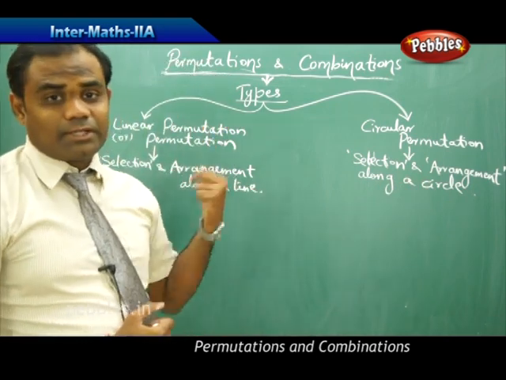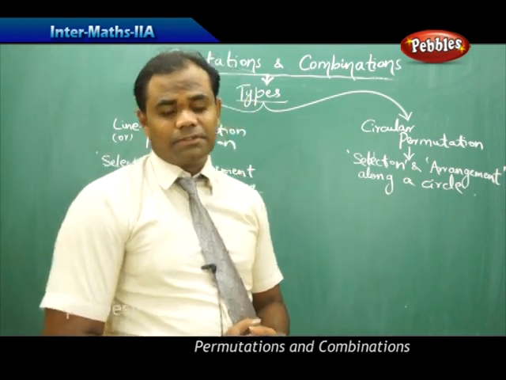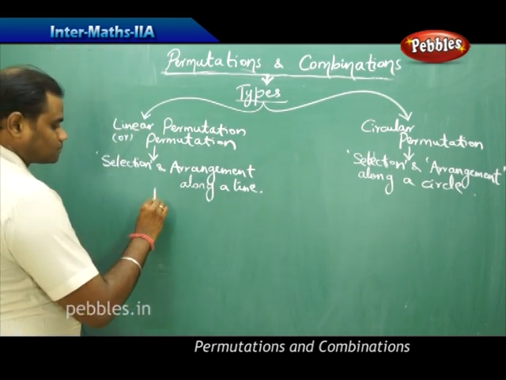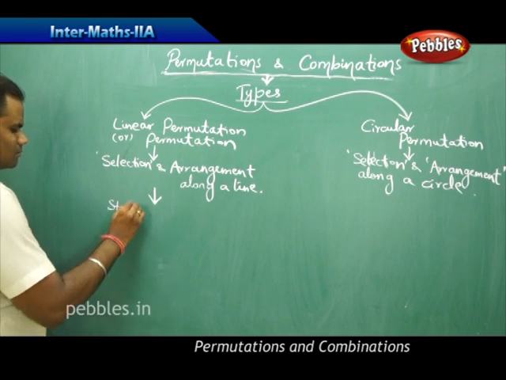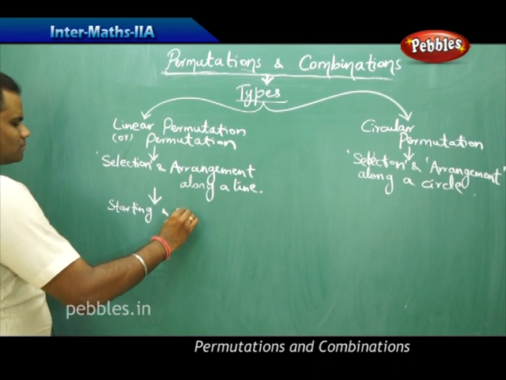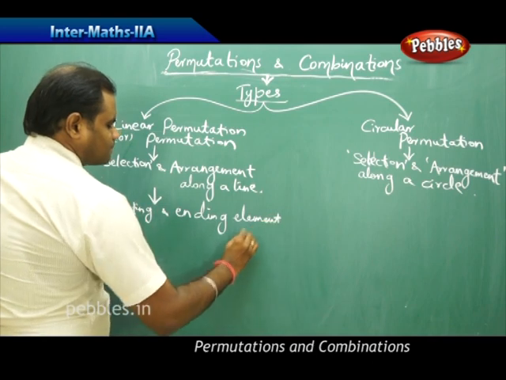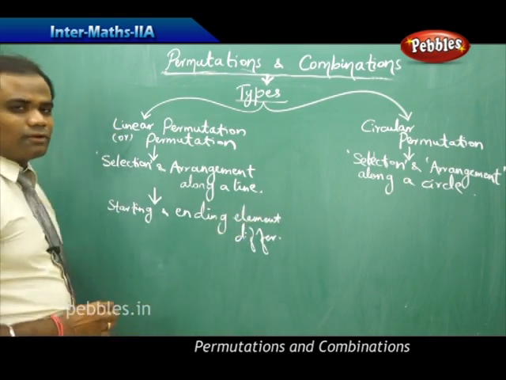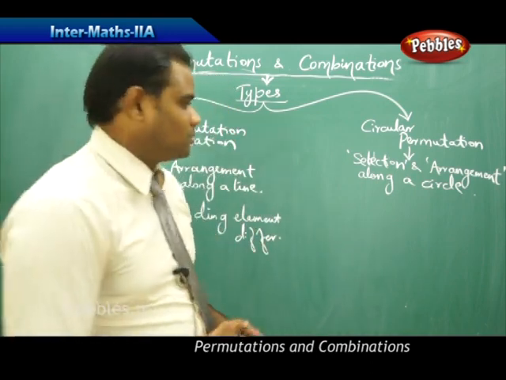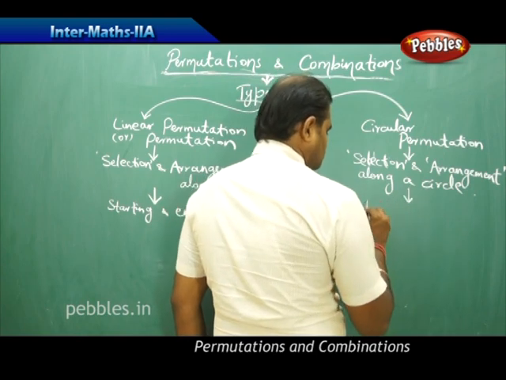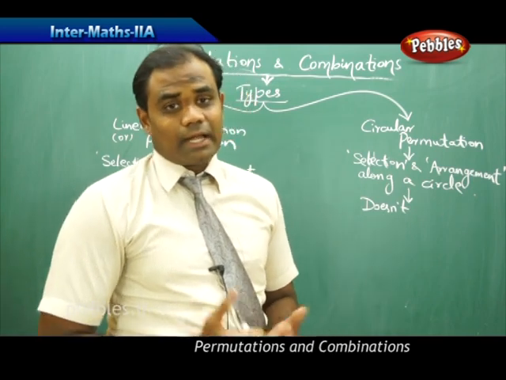In a linear permutation, the starting and ending elements differ, but when you talk of a circular arrangement, the starting and ending element are not taken into account, because we assume that a circle has no starting and ending point.